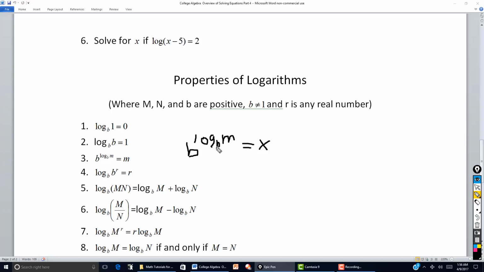If I go from exponential to log form, then it has to be the log of x to base b, and that's supposed to equal the exponent, which is log of m to base b. So I have log of x to base b is equal to the log of m to base b. What do you think the relationship is between x and m?